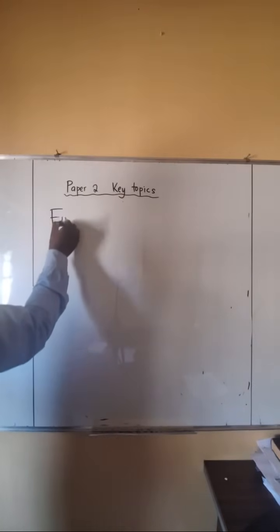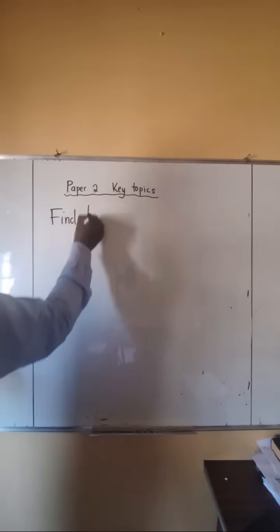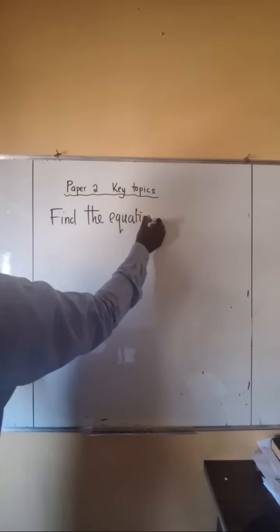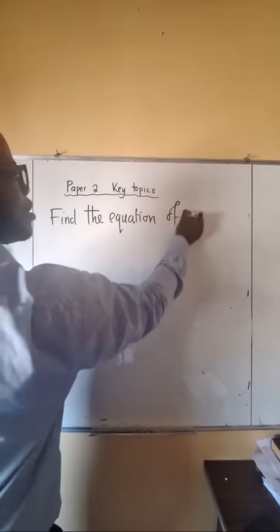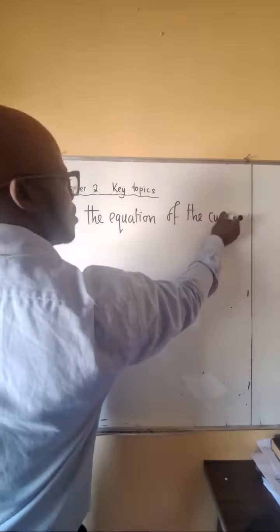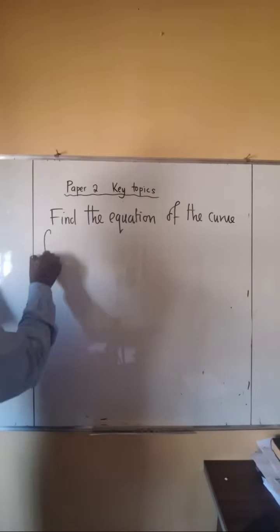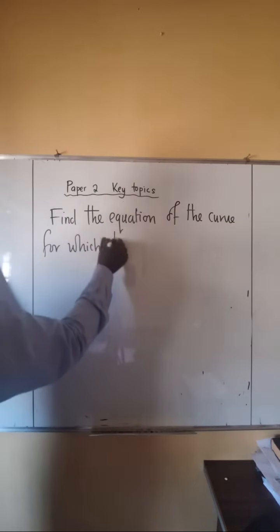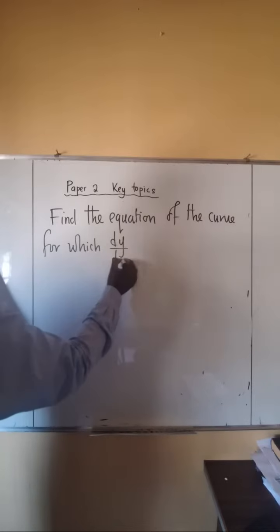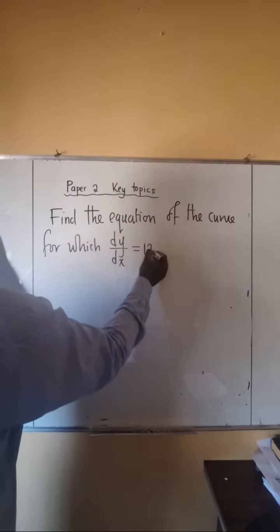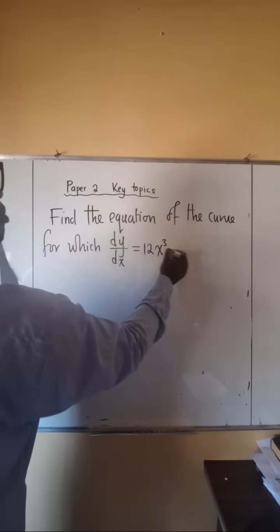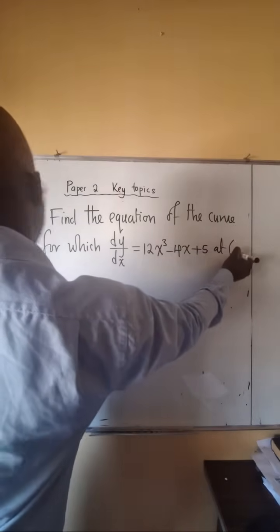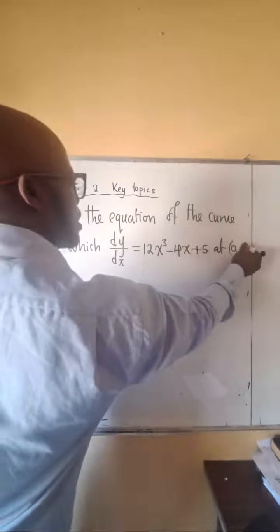Find the equation of the curve for which dy/dx is equal to 12x power 3 minus 4x plus 5 at (0, -2).